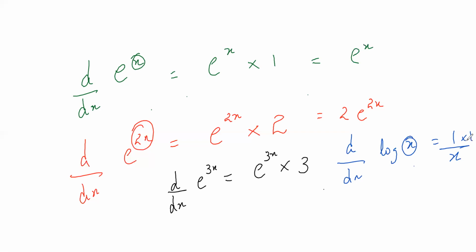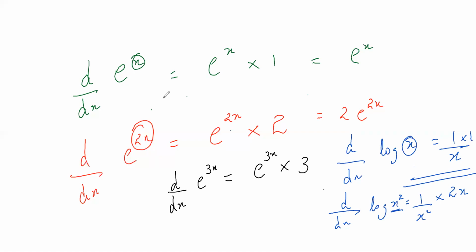So that's the reason I'm writing it as 1 by x. Suppose the question is differentiation of log x square. So write 1 by this term, x square itself. Correct? And the differentiation of x square is what? 2x. Multiply.